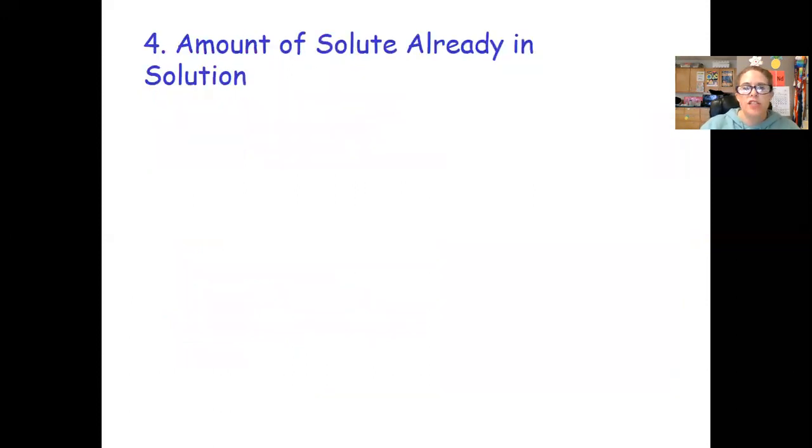And now the last factor that's going to influence how fast something dissolves, our rate of solution, is the amount of solute already in the solution. If I have coffee and I already have a lot of sugar in it, and I want to keep adding sugar, it is not an infinite amount of sugar that you can dissolve in a cup of coffee. Or if I'm working with lab chemicals, there's just not an infinite amount that you can dissolve in a specific volume of water.